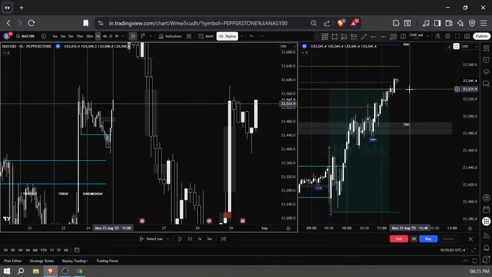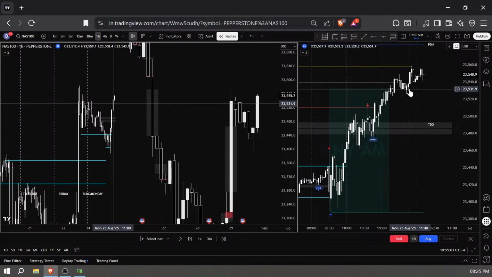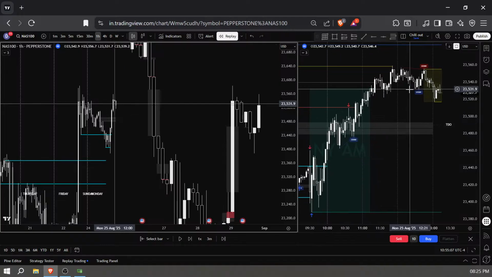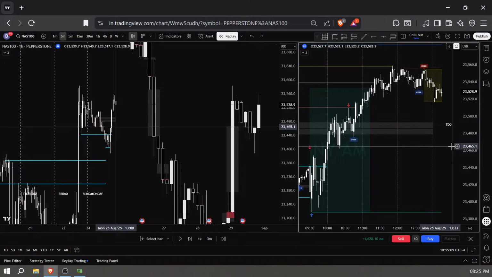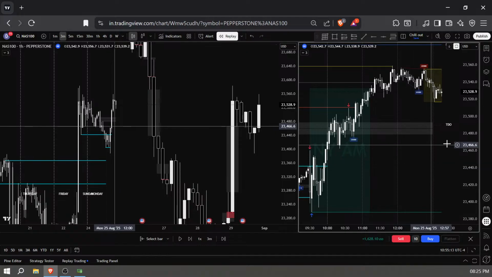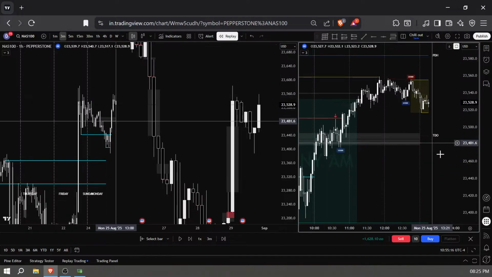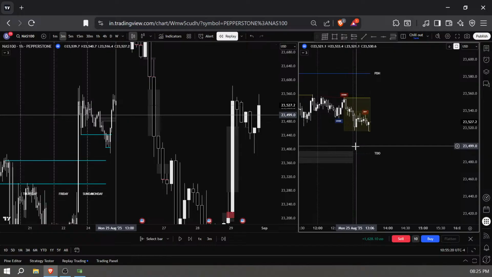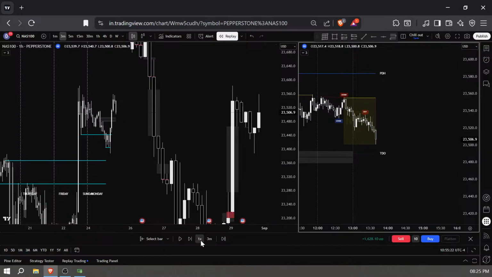It definitely took my TP and it's still going higher. I would have missed all those profits, but who cares? I'm profitable, bro. What are you talking about, man? This shit is all we need. We don't have to capture the full ass trend upside, you know. So we'll just skip to next day.